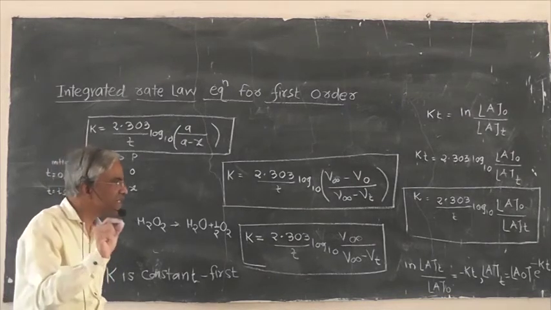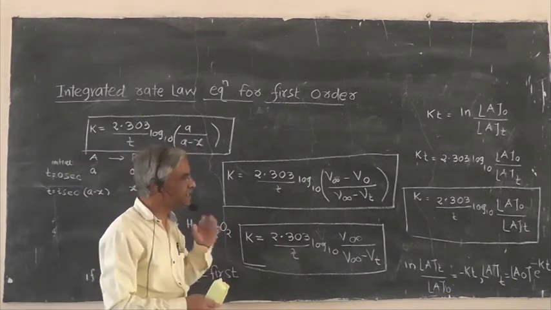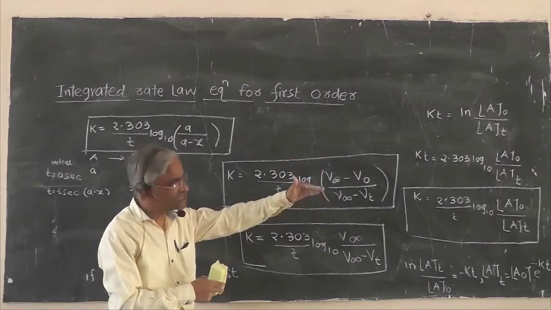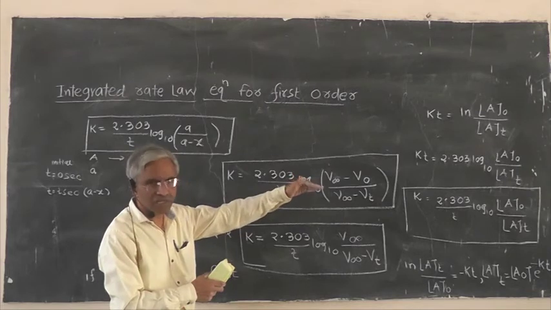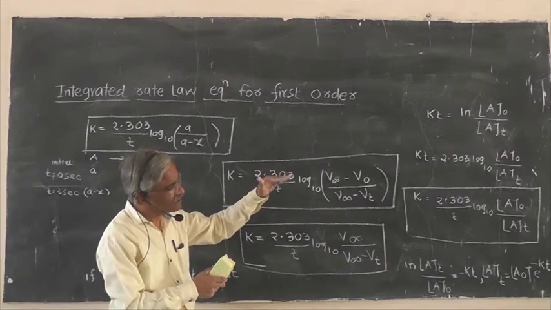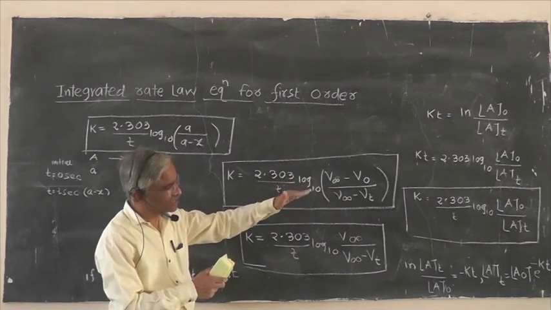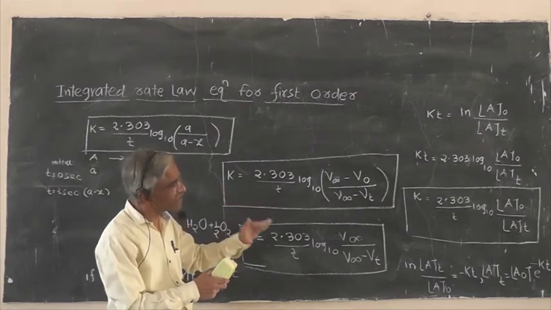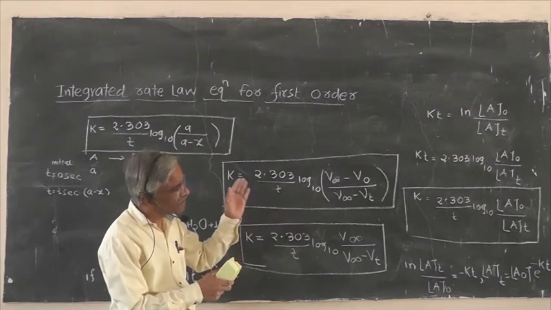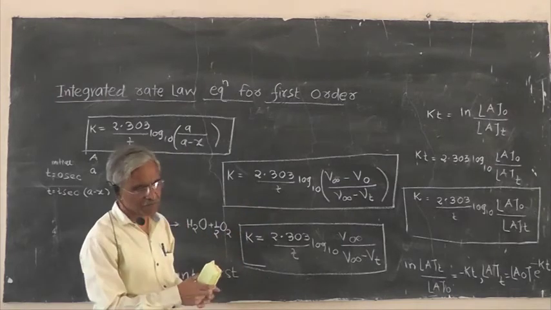Now what is the advantage of this integrated rate law equation? As I have already mentioned, once you know the initial concentration and the reaction is started, by taking the amount At at different times, we can calculate k. Second, we can calculate the time required for the reactant to reduce by a certain amount, whichever you want to study.